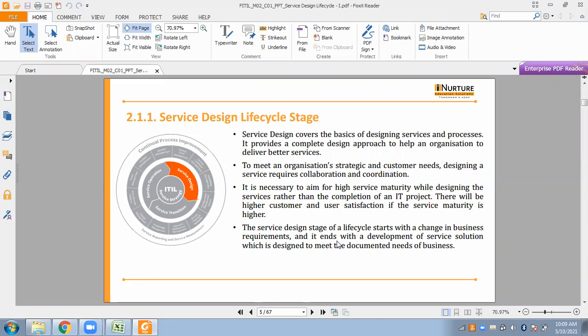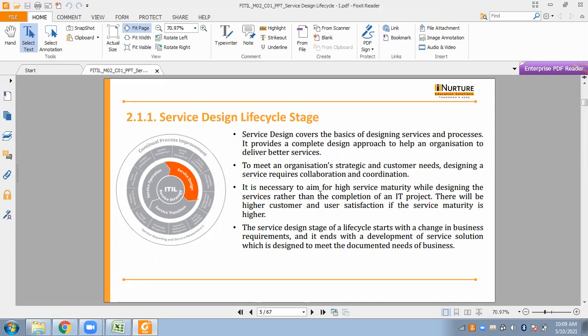As already given here, we'll start with the life cycle stage. Service design covers the basics of designing services and processes. It provides a complete design approach to help an organization deliver better services. To meet an organization's strategic and customer needs, designing a service requires collaboration and coordination.